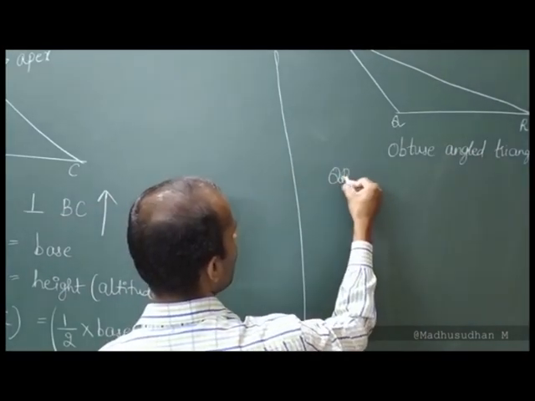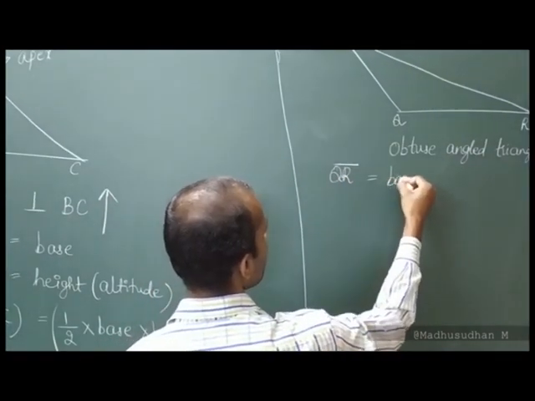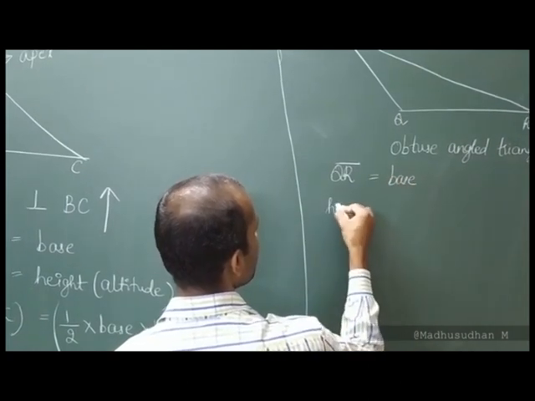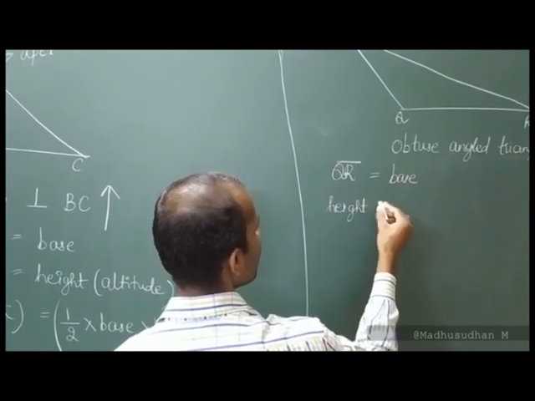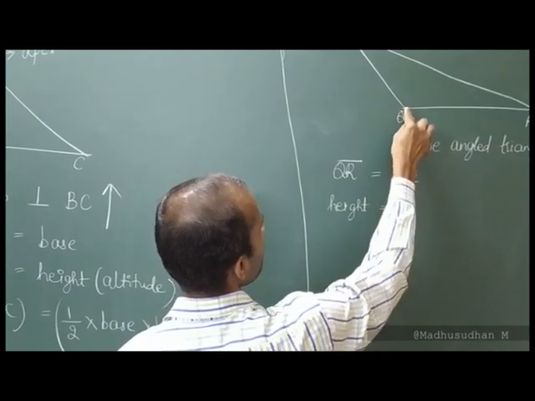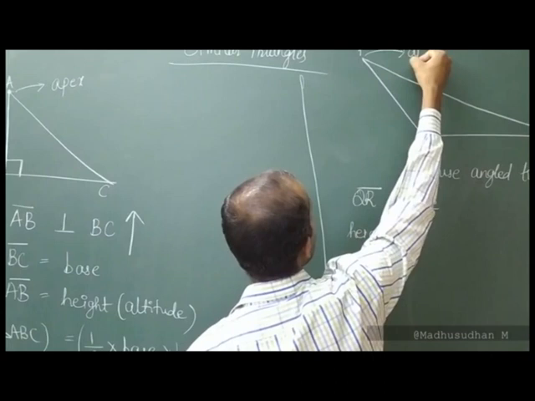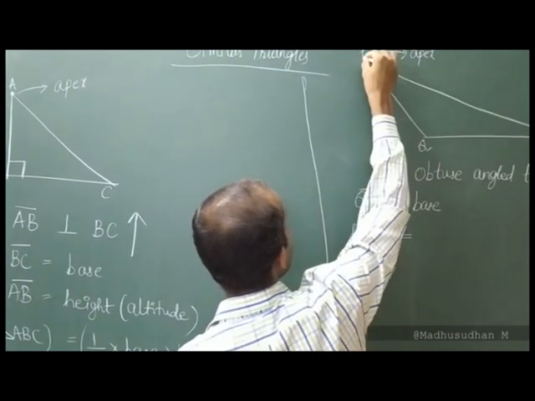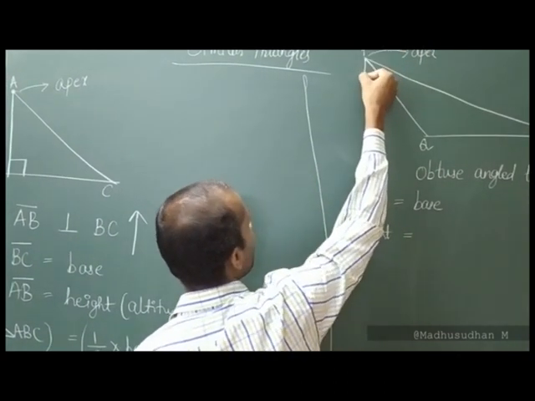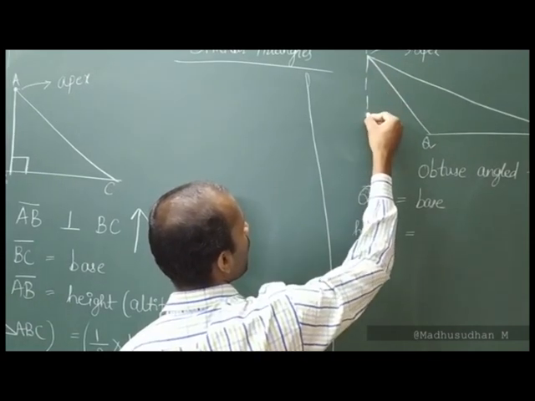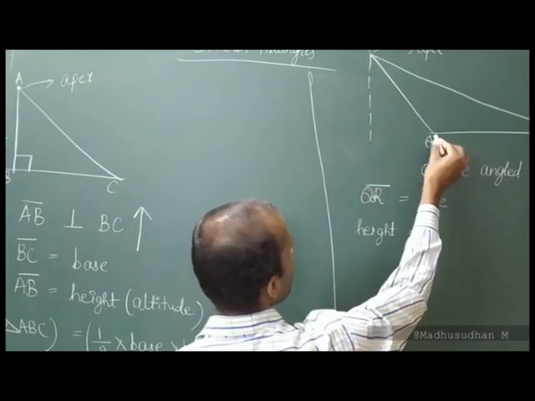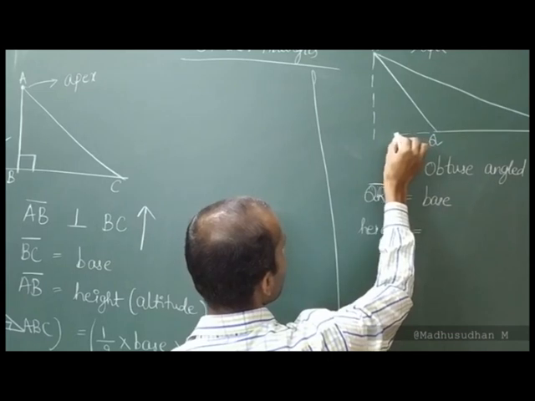QR shall be the base. So whatever the height now, for height, which is the highest vertex? So this is the apex point. So from the highest vertex, I'll have to drop a perpendicular like this, and we can extend this baseline.